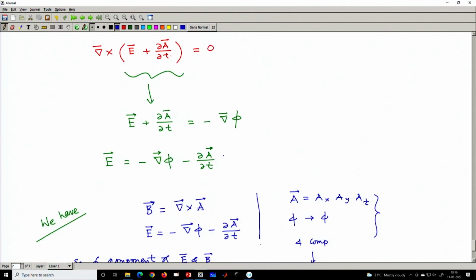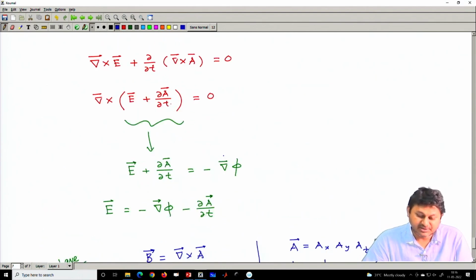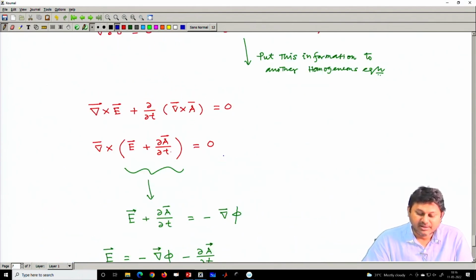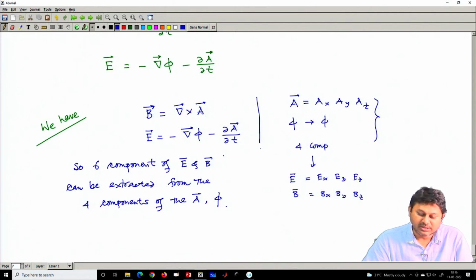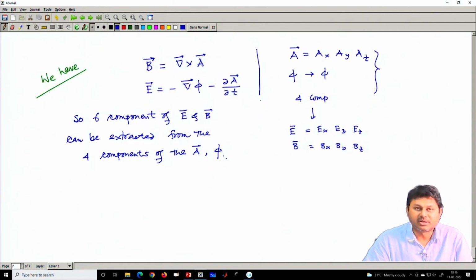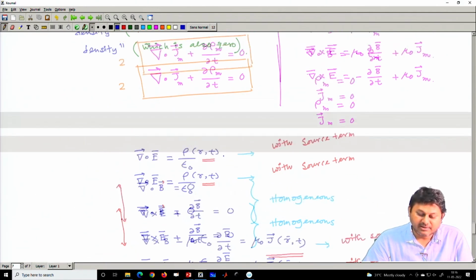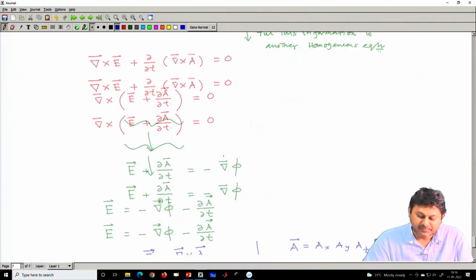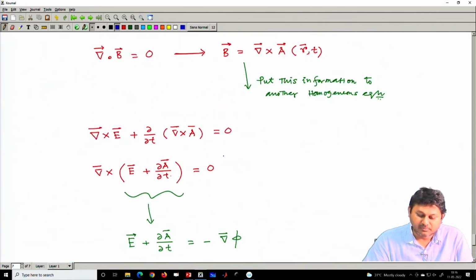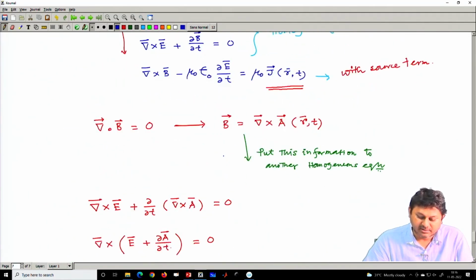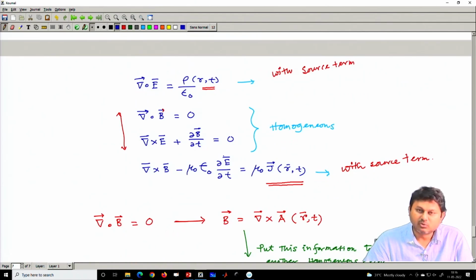Now, I would like to stop here because I do not have much time to discuss further, but the next day we will continue this treatment, because we have just started to understand a few things. We wrote the 4 Maxwell's equations in a form where we had 2 homogeneous and 2 non-homogeneous equations. That is the starting point here.